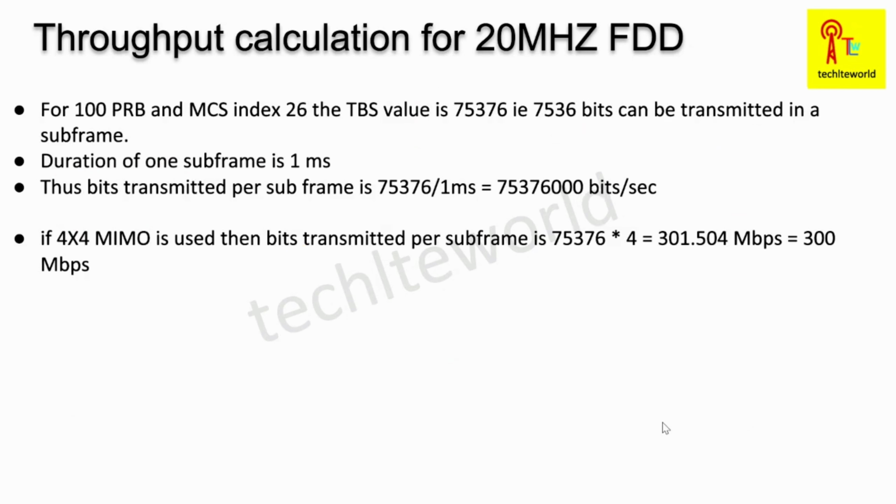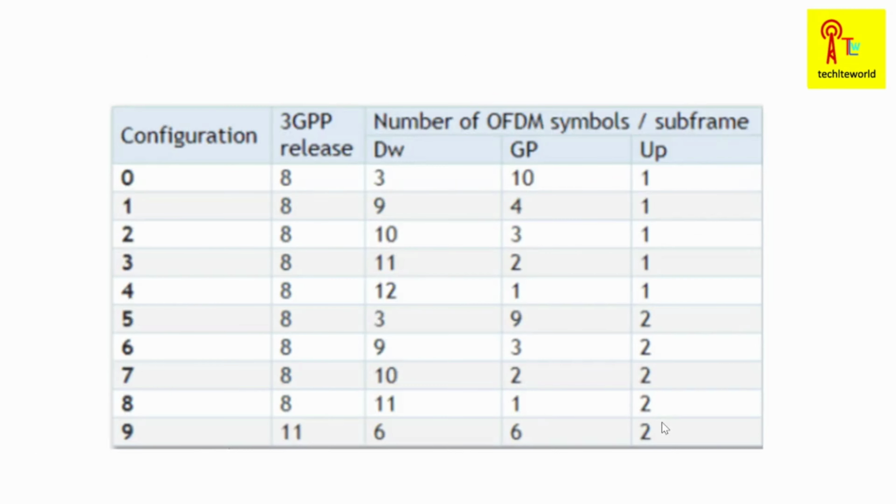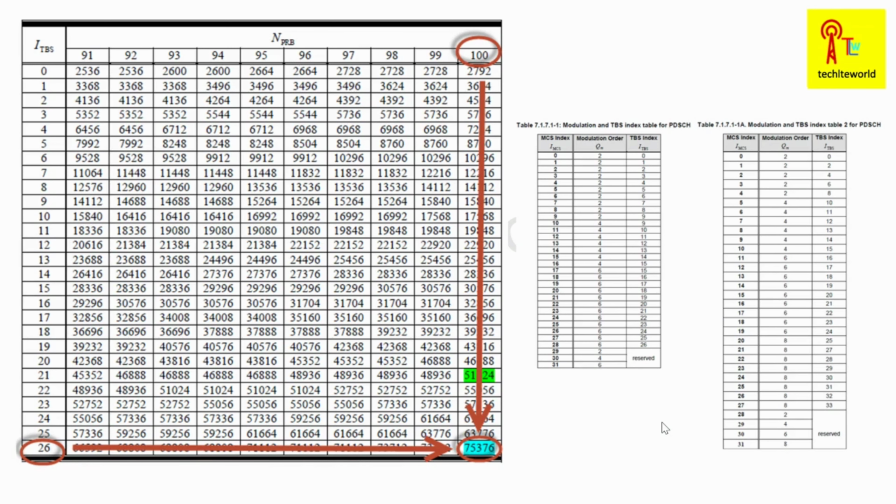There is another way of calculating this for 20 megahertz FDD, by referring to an MCS index and TBS table. So there is a table, you can see here. This is the MCS index table, which also consists of a TBS index.